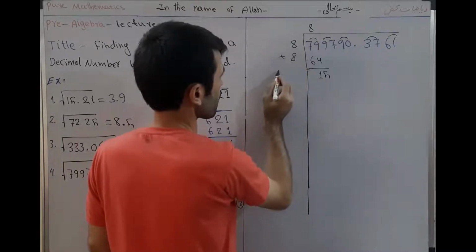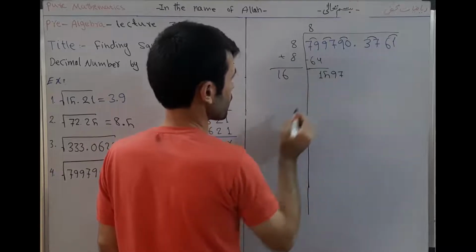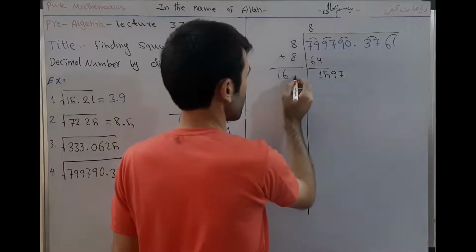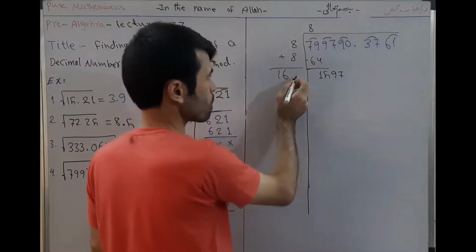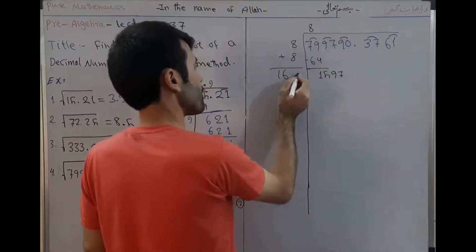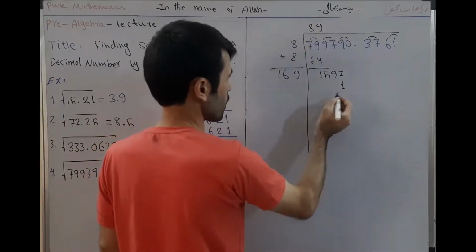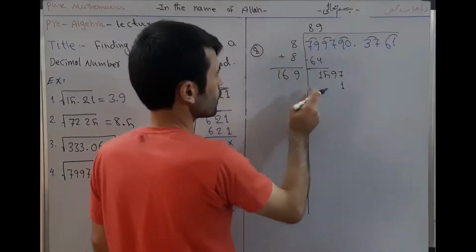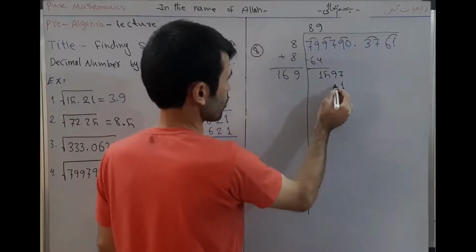Now 8 plus 8 is equal to 16. We bring down 97. Then we have to put a number. If we put 9 multiplied by 9, 81. 8 carry 8. 9 multiplied by 6 is 54. 54 plus 8 is 62.